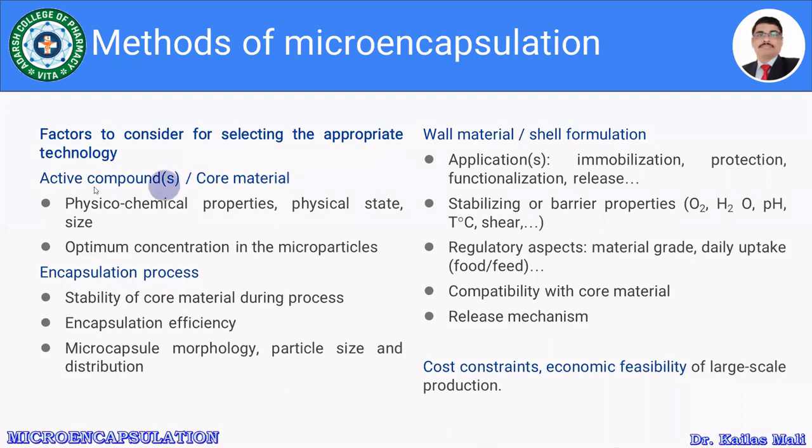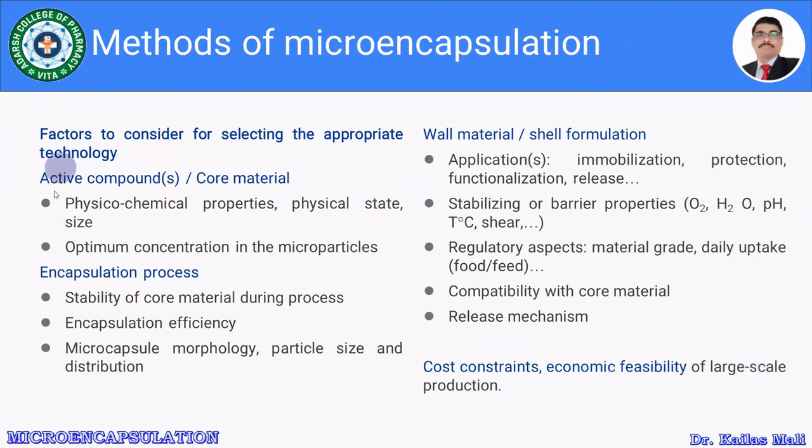These factors are like active compound or core material, then the encapsulation process, then the wall material or the shell formulation, then the cost constraints, economic feasibility, that is the large scale production.